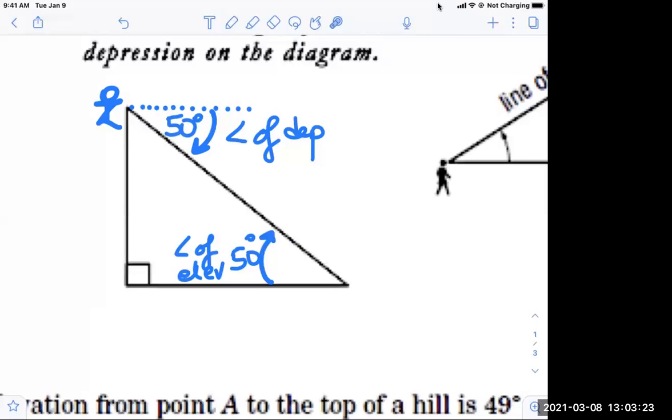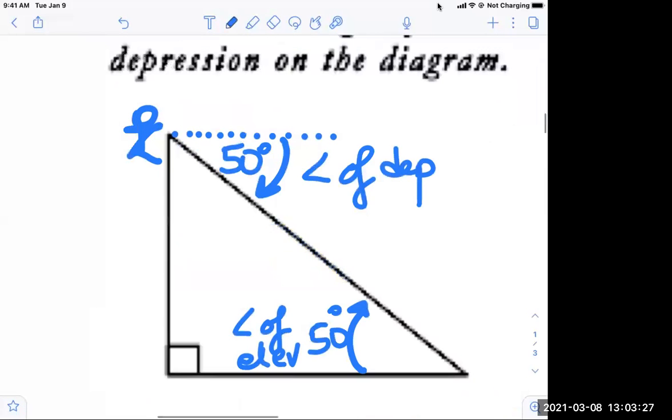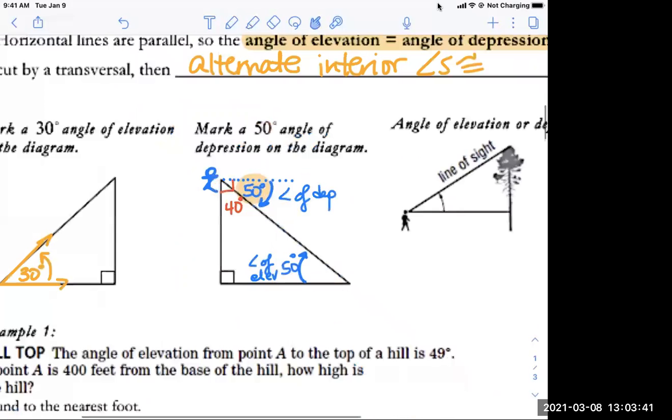So we know that these two angles are complementary. We also know that because this would be a vertical and that would be a horizontal, this will be a 90-degree angle up here. So that one has to be 40. Okay, so the angle of depression they asked you for is that 50 degrees out there. But just keep in mind, you actually do know all the angles inside the triangle if you know an angle of depression like that.